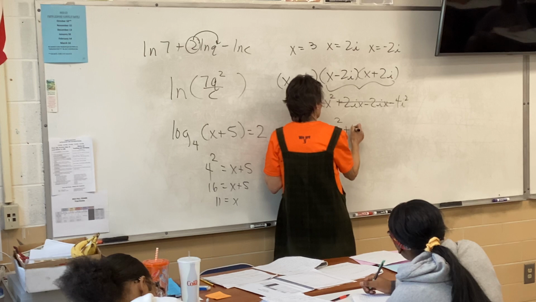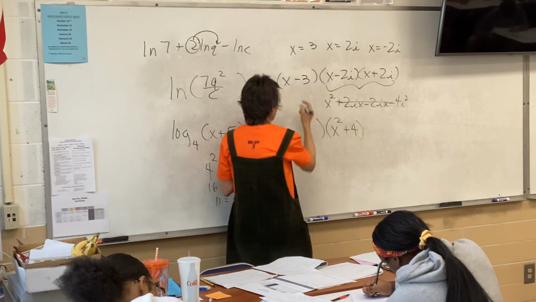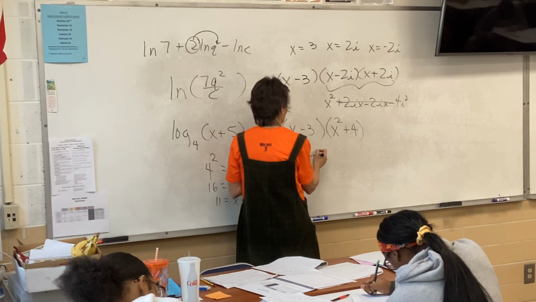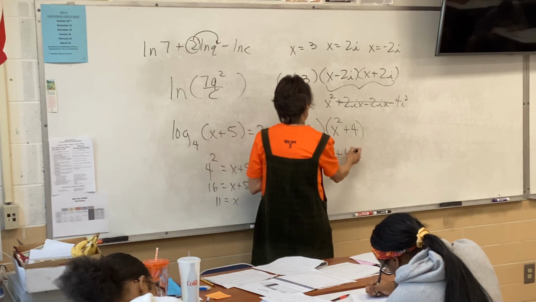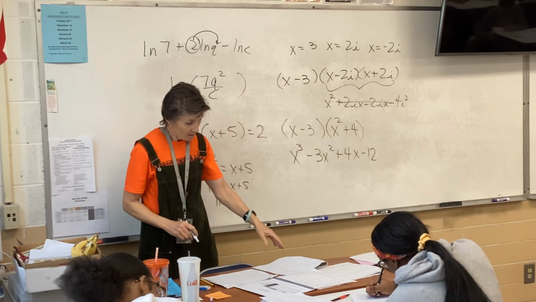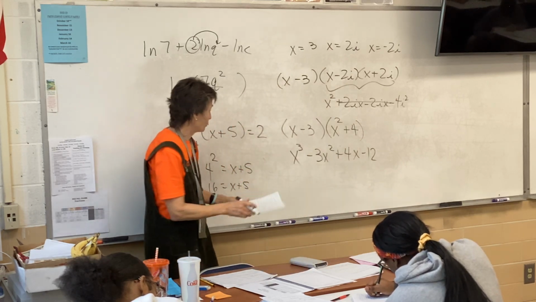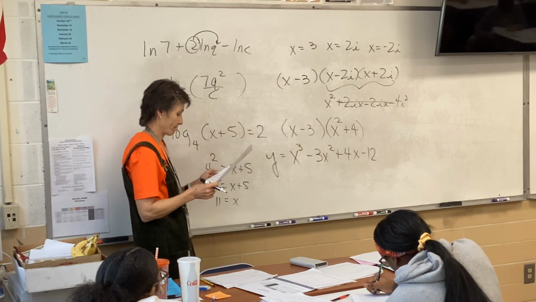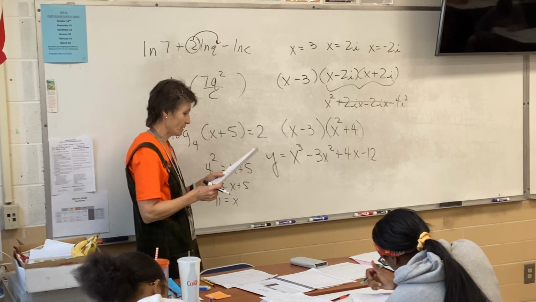Plus 4. And then we still have to multiply it by the x minus 3. So, another FOIL, and there's your answer. There is your polynomial. Whoops, 9 should be crossed off.